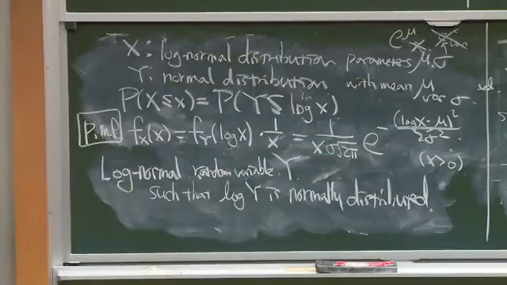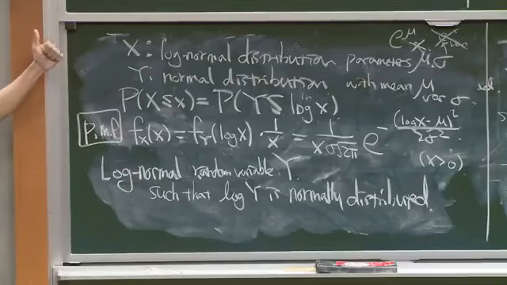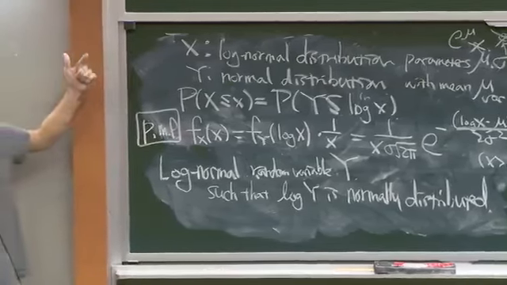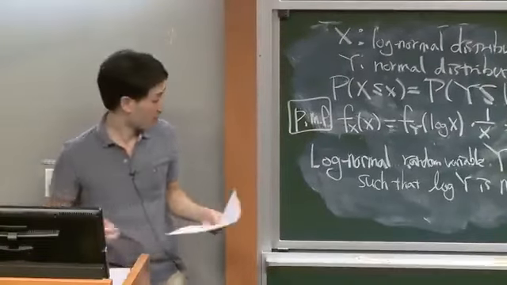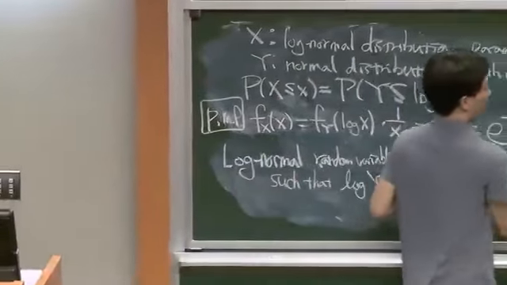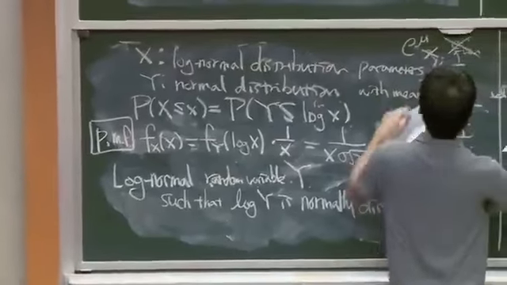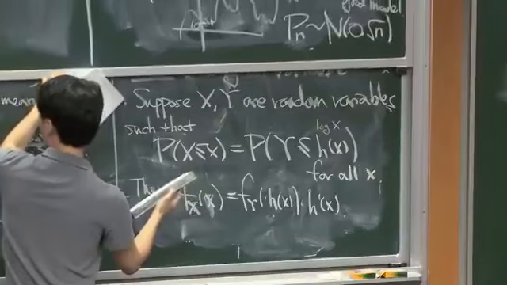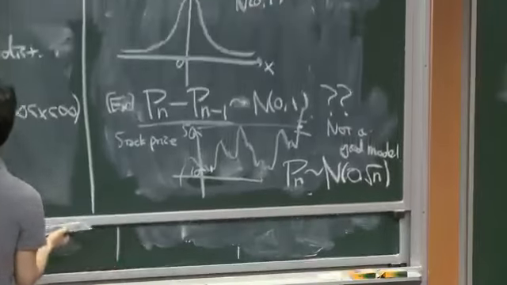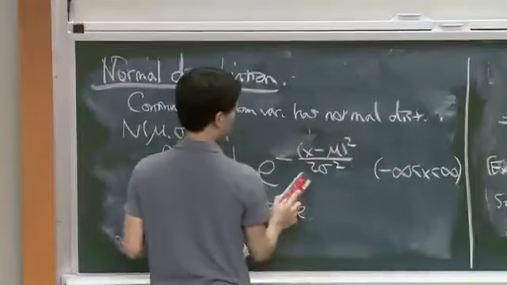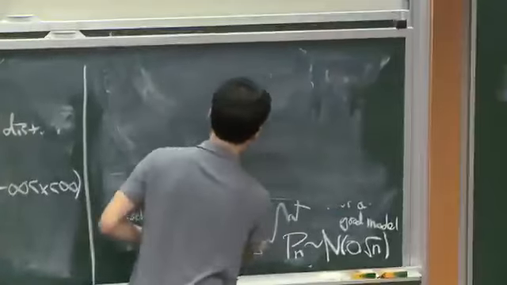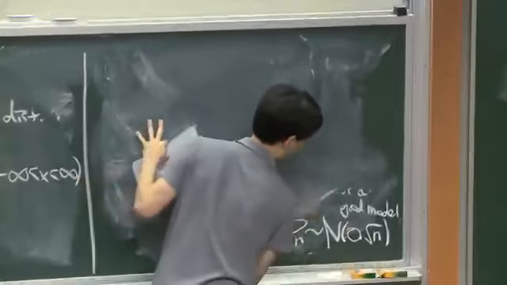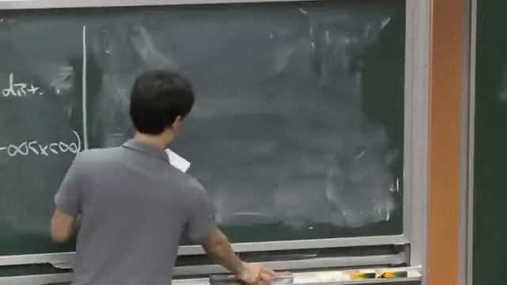Okay. So the normal distribution and log normal distribution will probably be the distributions that you'll see the most throughout the course. But there are some other distributions that you'll also see, which we will not talk about in detail.